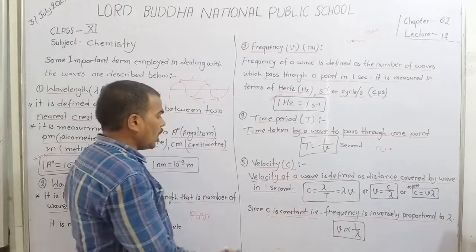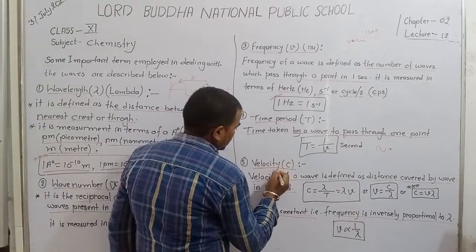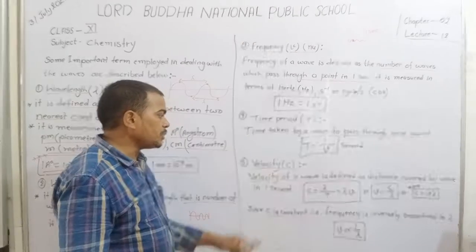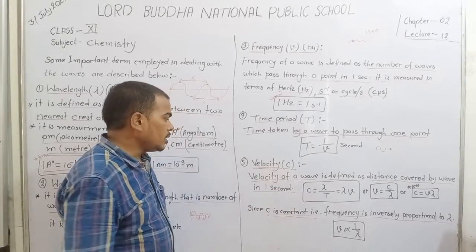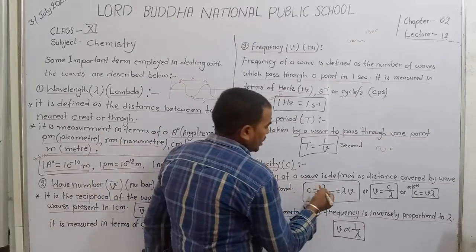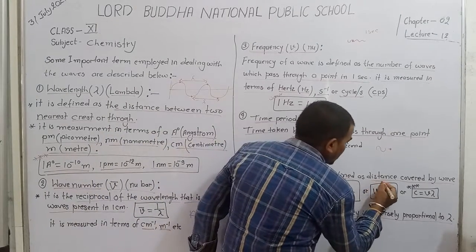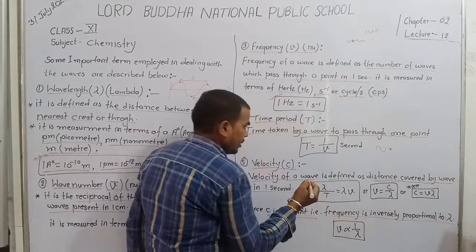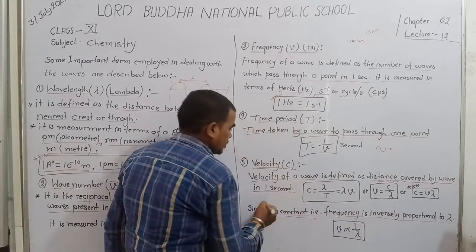Now discuss velocity. Velocity of light, velocity of wave, is represented by c. Velocity of a wave is defined as the distance covered by the wave in 1 second.